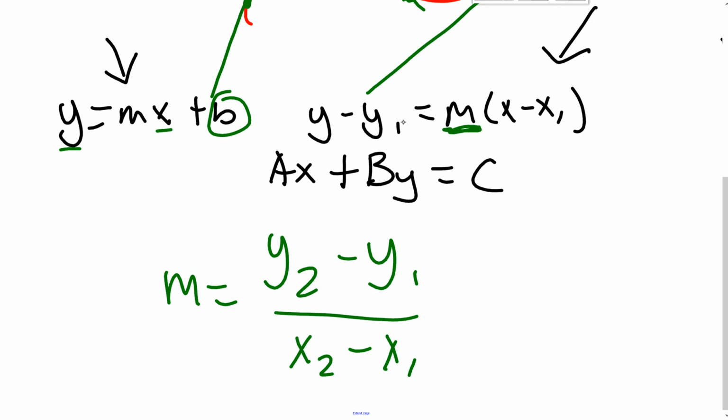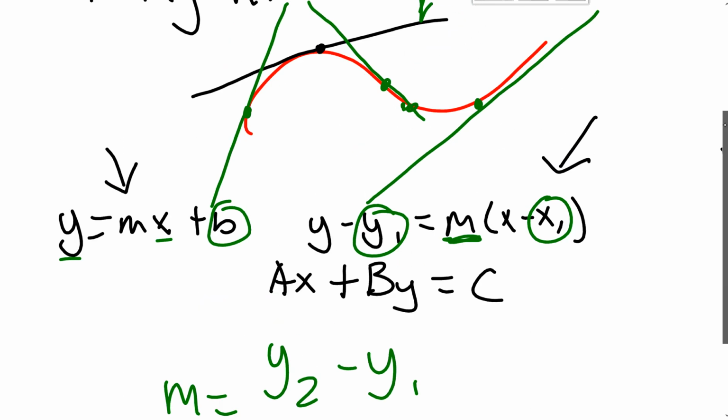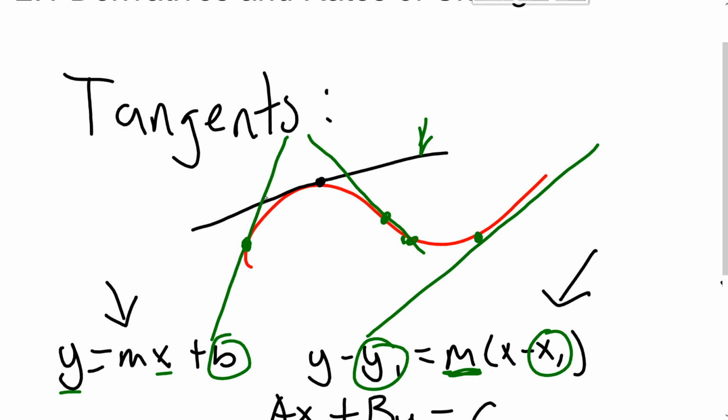Or I can plug my slope in here and put my y1 and x1 in for my point, whichever point you choose, right? So we did a review on this. If we want to write the equation for a tangent line, we need the slope of this tangent line. So say this one here, we would need the slope of this line. We'd have to calculate that, and then we could write the equation.